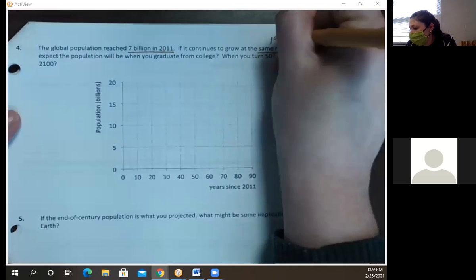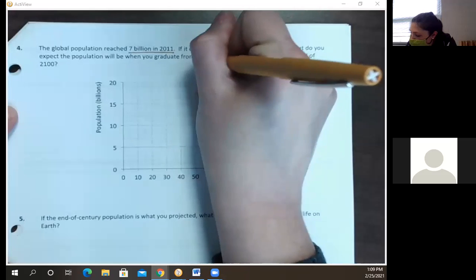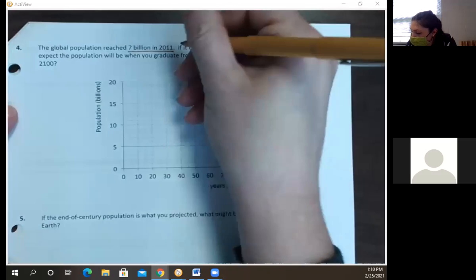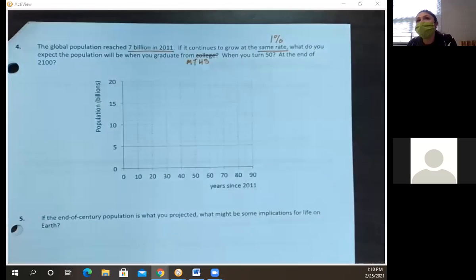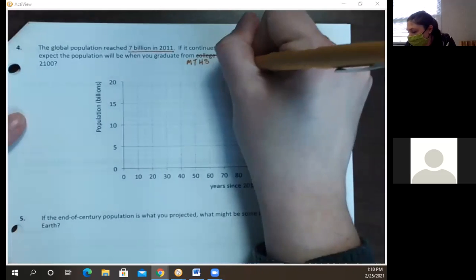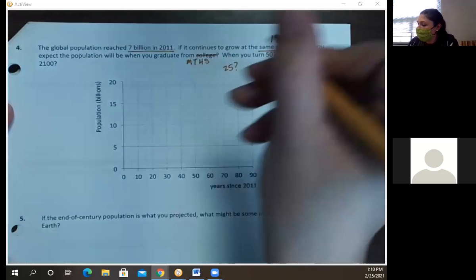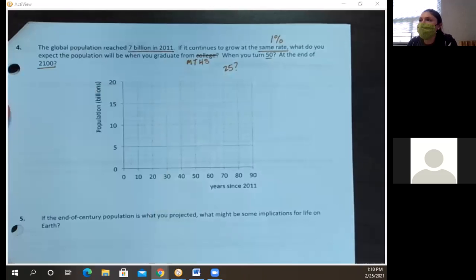Okay, we're going to use that same 1% increase that we just found. I want to know, what do we expect the global population to be when you guys get to high school? What about when you turn 25? Or the year you turn 50? Or at the end of the century?